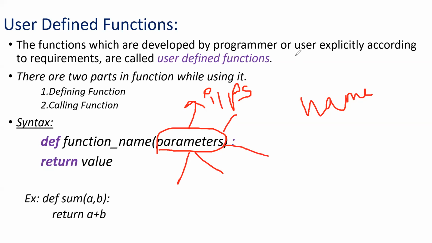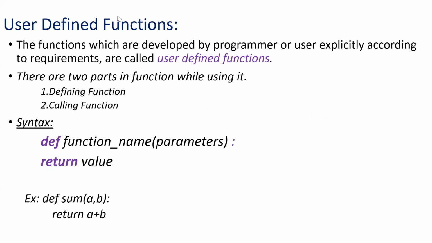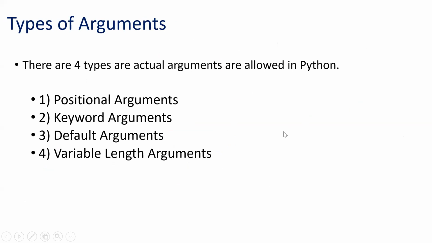The types of parameters are the types of arguments also, we can call. We have 4 types of arguments in Python.